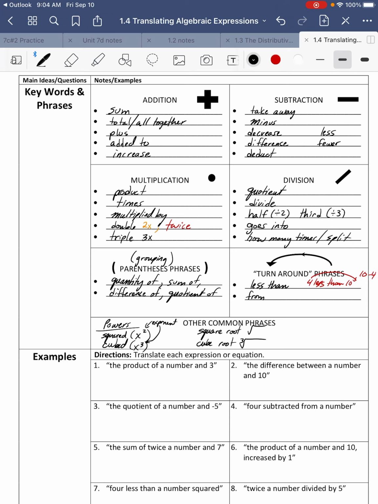So we have to take these mathematical sentences and make them actual expressions. So the product of a number and 3. You see product, and product means multiply.